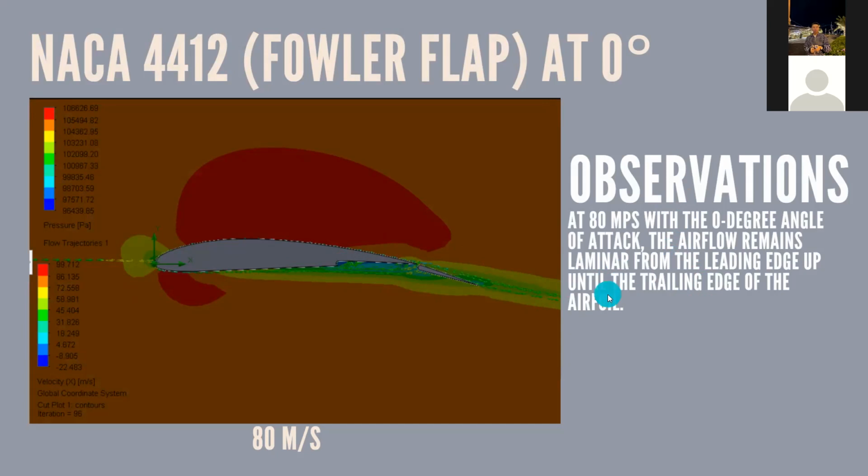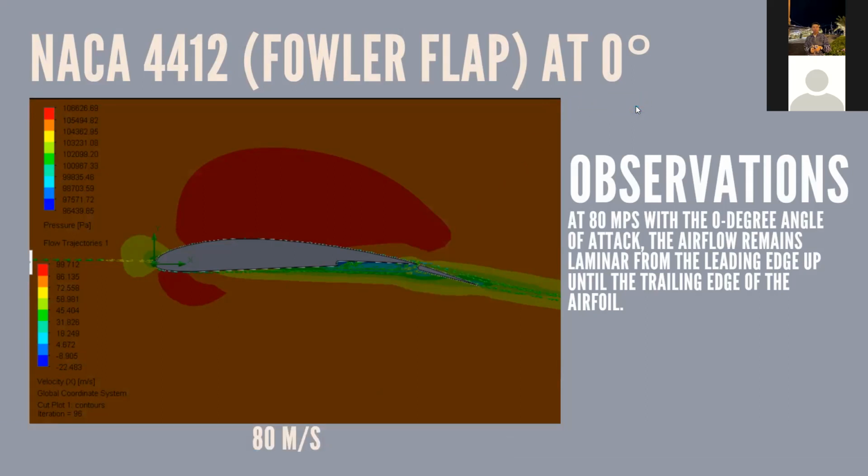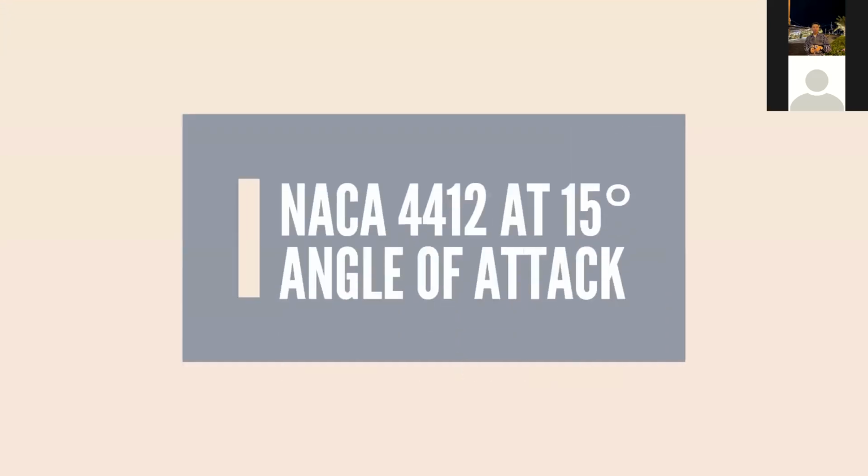Airflow remains laminar from the leading edge up until the trailing edge of the airfoil. So yun lamang po for 0° angle of attack yung aming observation. Next slides will be presented by Miguel. Ayun po. So for next slide po, please.